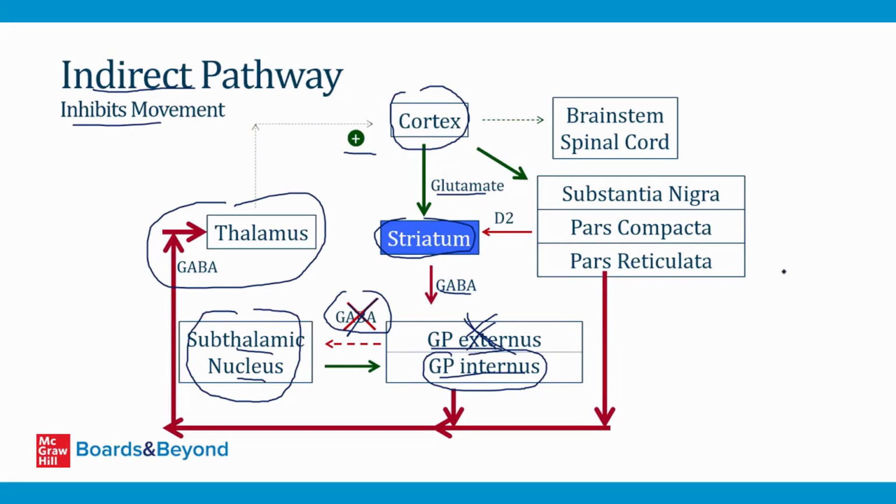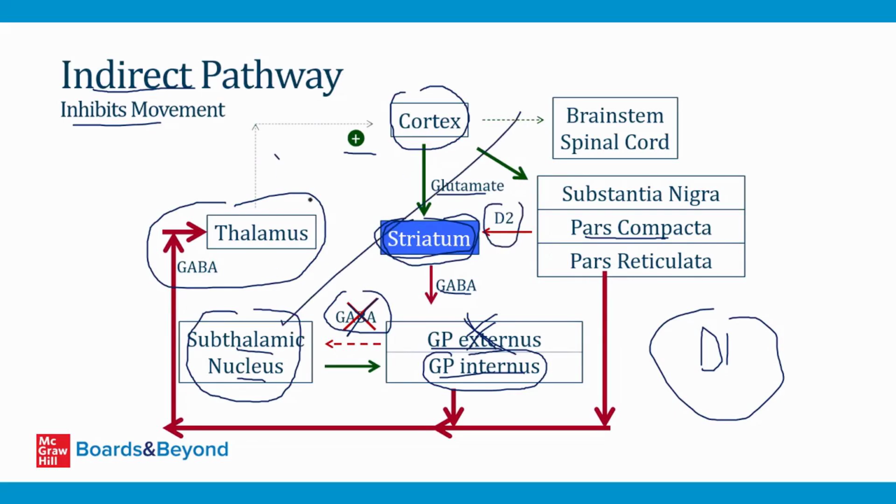Now, one side element here that I want to point out: I told you that in the direct pathway, the substantia nigra pars compacta releases dopamine onto D1 receptors in the striatum to amplify the direct pathway. Well, you don't want the direct pathway and the indirect pathway occurring at the same time. So just like dopamine activates D1 receptors to amplify the direct pathway, it also can bind to D2 receptors to shut this whole pathway down.